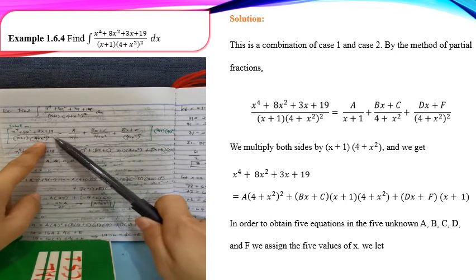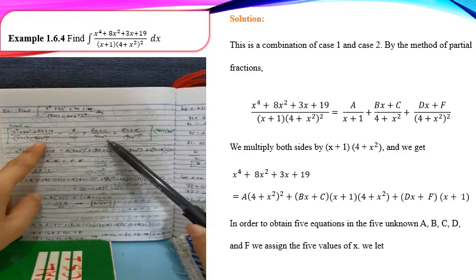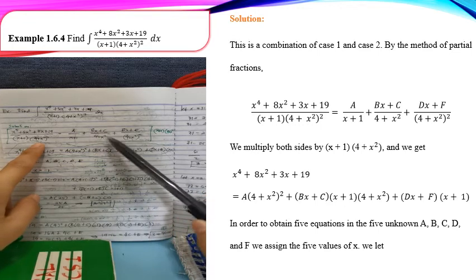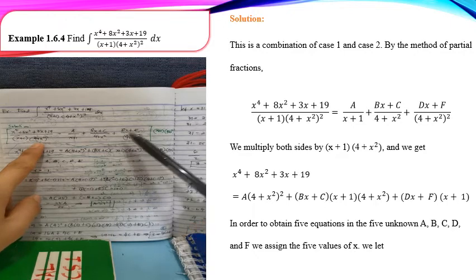Okay, since dalawang beses, ang unahin natin na isulat dito is yung first factor niya. So, A over x plus 1, and then next kay A is si B. So, Bx plus C over 4 plus x squared. Since dalawang beses ito, mag-add tayo ulit dito: Dx plus E over (4 plus x squared) quantity squared.